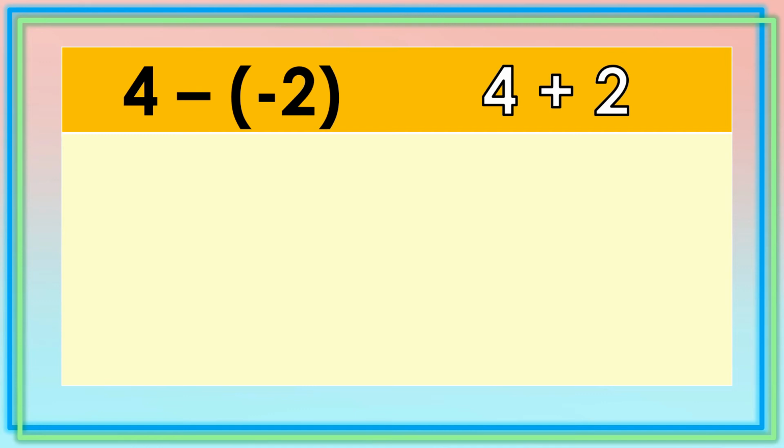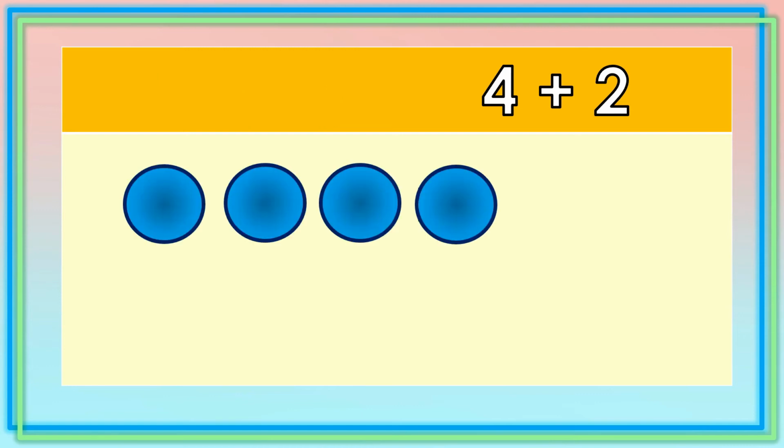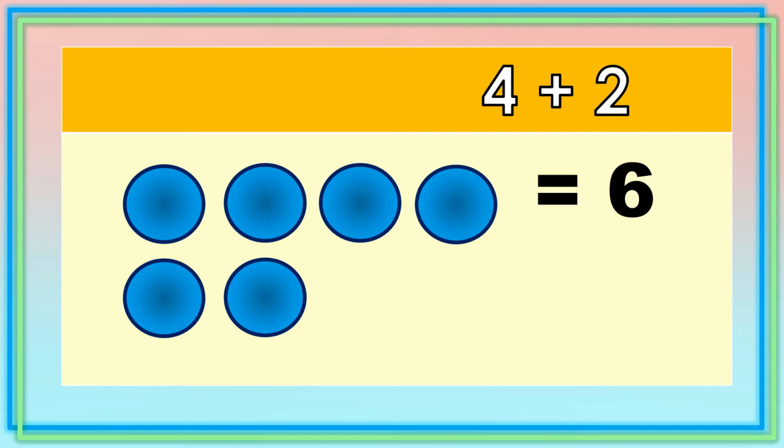Blue or red? Correct! Blue. So, meron tayong 4 na blue chips at 2 blue chips. Lahat-lahat, ito ay 6. That's correct. So, 4 plus 2 is equal to 6.